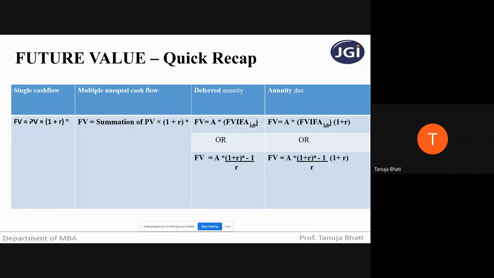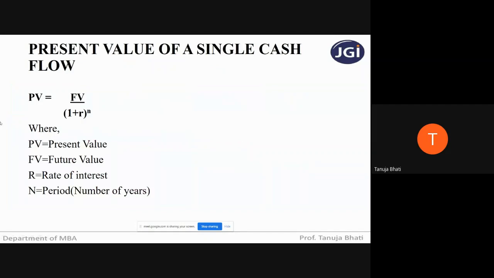So if you want to find out present value, it is nothing but future value divided by 1 plus r raised to n. So the formula is the same, you are just shifting the terms. PV is present value, FV is the future value, r is the rate of interest, and n is the period, that is the number of years. So is this formula clear, and did everyone understand when you have to use it? You have to use this formula when you have to calculate present value of a single cash flow.